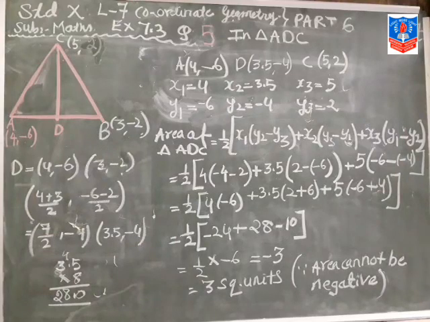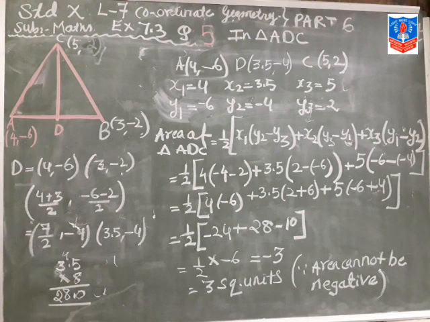Now children, the last question of your exercise 7.3 and the last question of your chapter number 7. Now you have studied in class 9 what is the median of a triangle. A median of a triangle divides the triangle into equal areas.